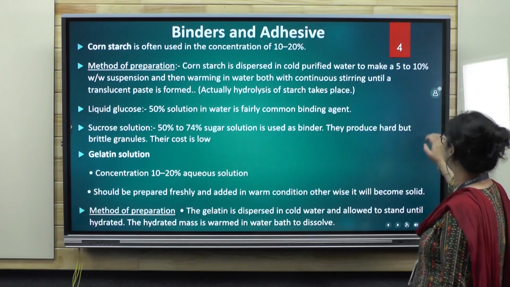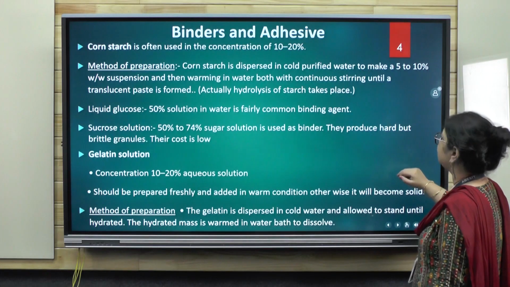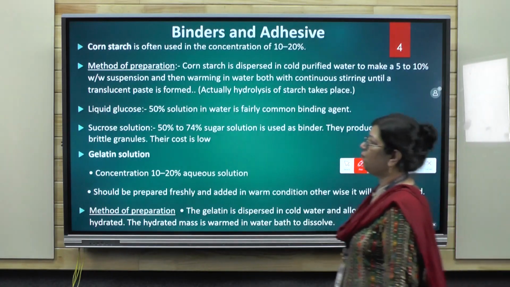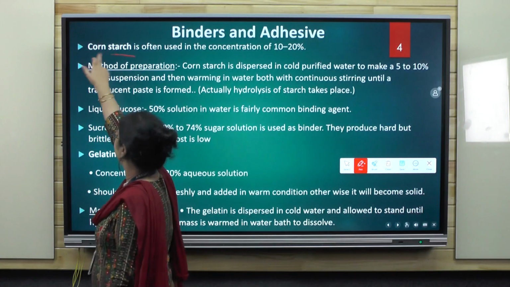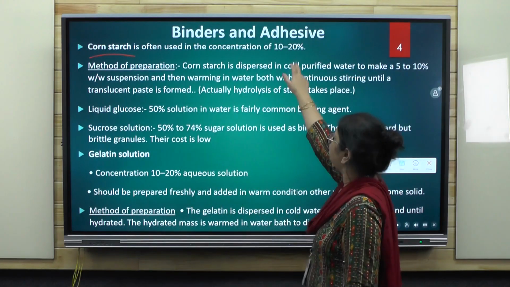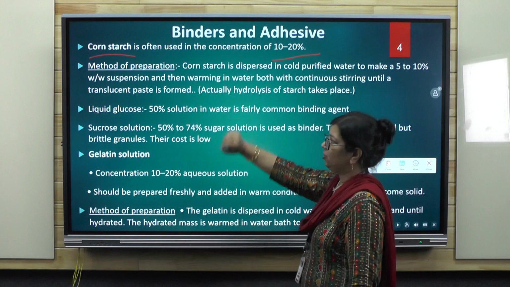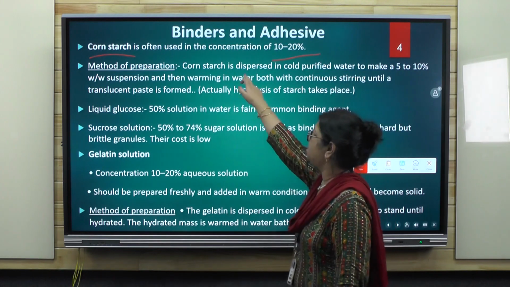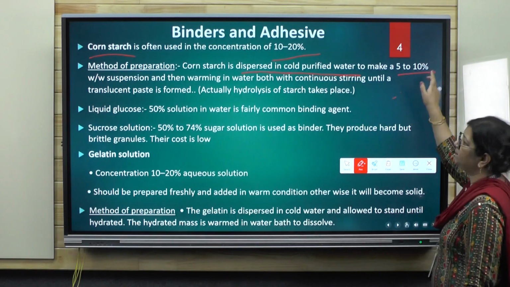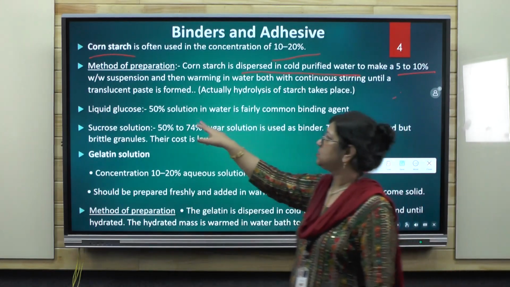So what other binders and adhesives are we using in pharmaceutical formulation? So first one is the cornstarch. Cornstarch is often used in the concentration of 10 to 20%. Method of preparation: cornstarch is dispersed in cold purified water to make a 5 to 10% weight by weight suspension.